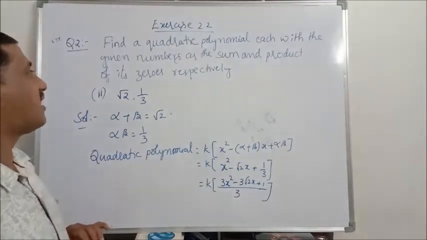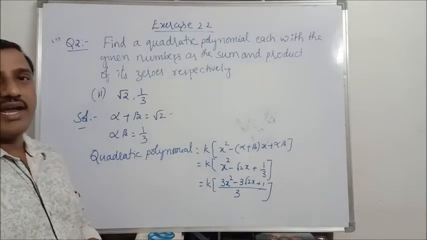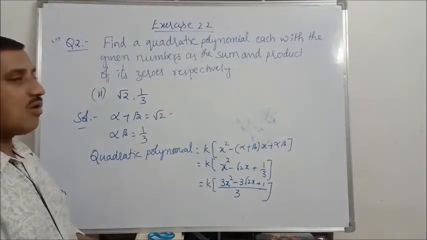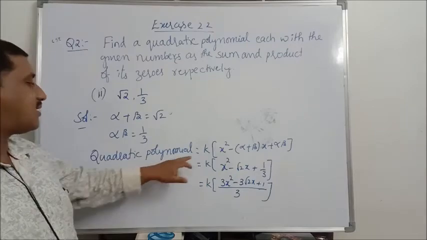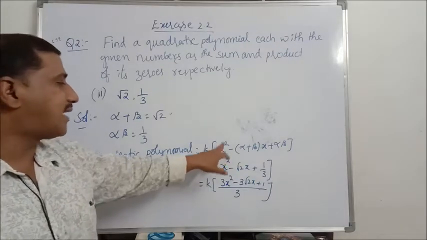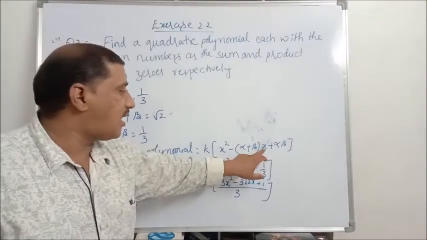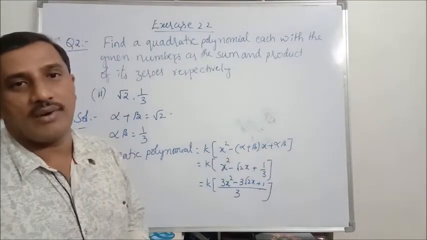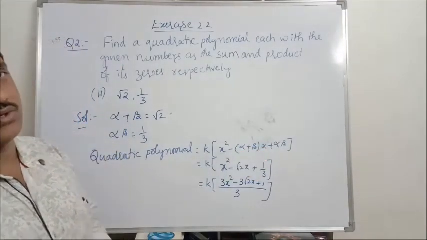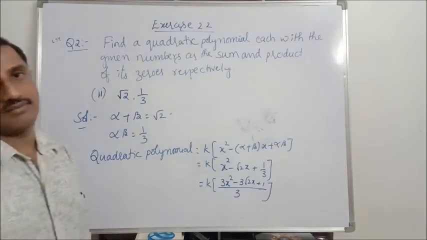Like this we will find the quadratic polynomial when we know the sum and the product of the zeros, by using k into x square minus the sum of the zeros into x plus alpha into beta, that is the product of the zeros. Is it clear, children?